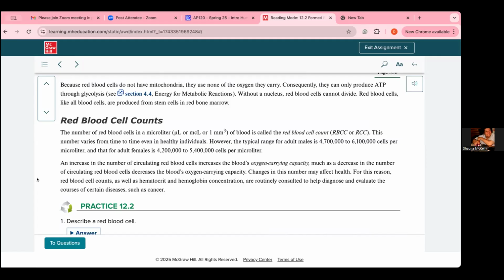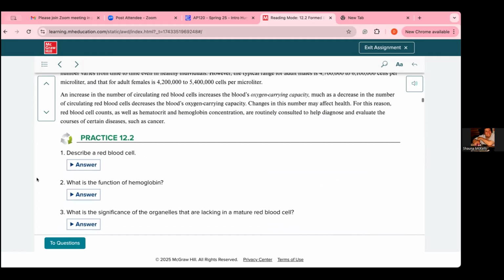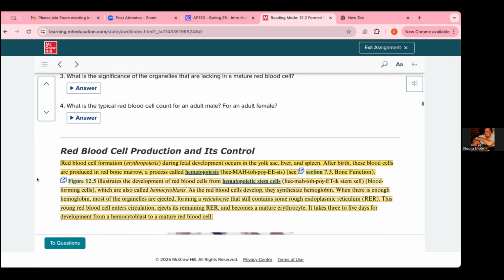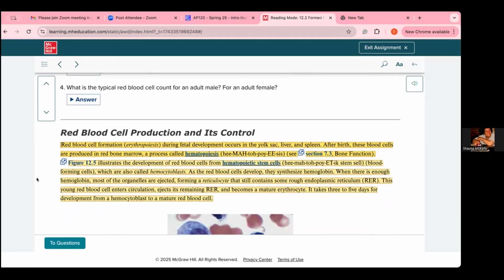Is there more on this page? Okay, so bone function. Figure 12.5. Yeah, okay. This is what we needed. Figure 12.5 illustrates the development of red blood cells from hematopoietic stem cells, blood forming cells, which are also called hemocytoblasts.